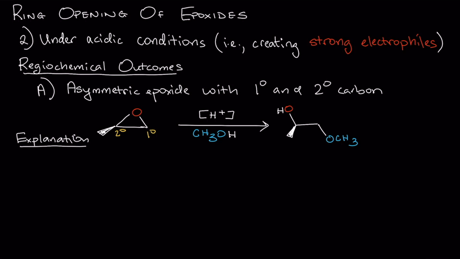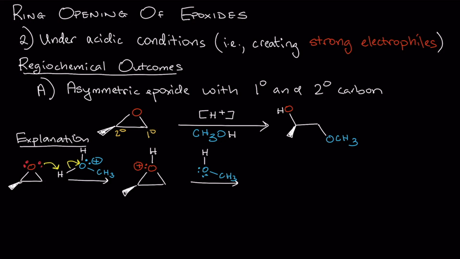And once again, the explanation can be readily seen by looking at the mechanism, where once again, you have your epoxide under acidic conditions, where your acid can be readily thought of as your protonated methanol. And so your first step will be the activation of your epoxide in a proton transfer step, which can now be readily attacked by your methanol preferentially on the primary carbon in an SN2 mechanism.